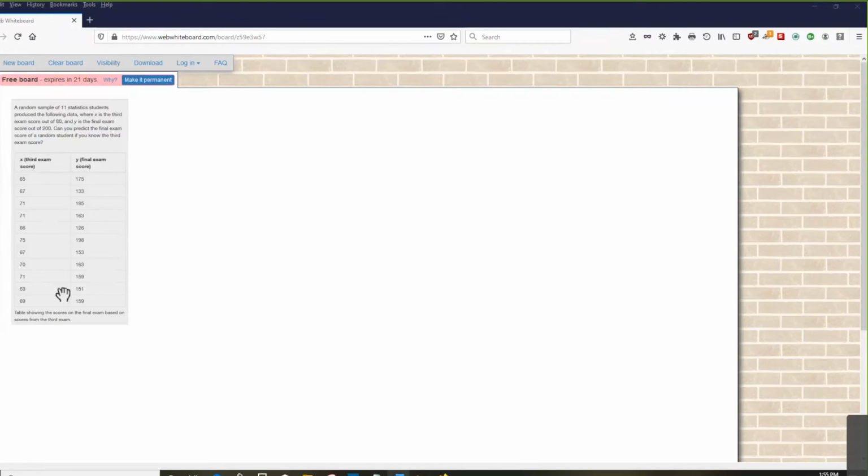The equation that we got for our least squares regression line was the estimated y equals a minus 173.51 plus 4.83x.